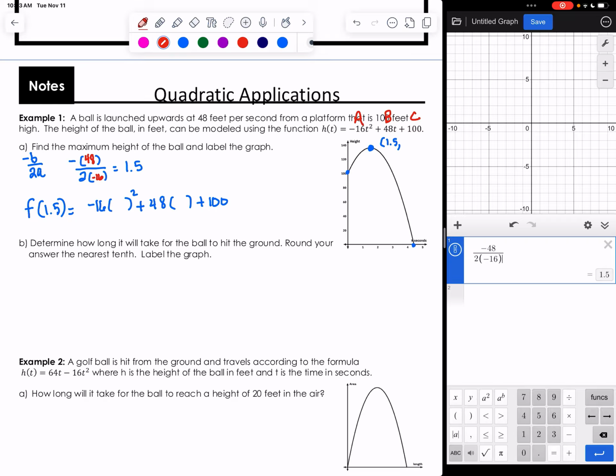And then into the parenthesis, I'll plug in our x value we're looking for, which is 1.5 seconds. And then I'll use my calculator to evaluate this. So negative 16 parenthesis 1.5 parentheses squared plus 48 parenthesis 1.5 plus 100.